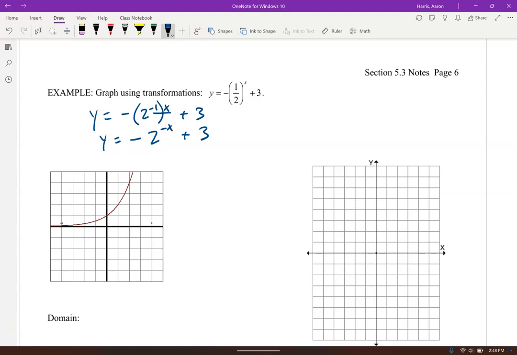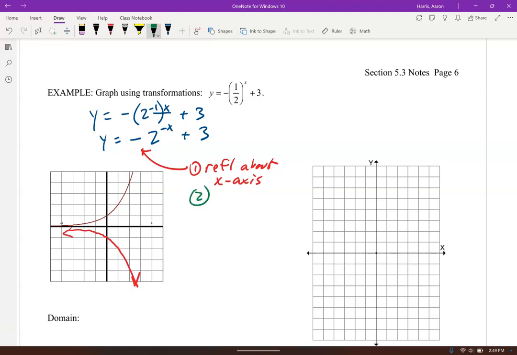Okay. So what this will do is we'll go ahead and flip it over, reflect it about the x-axis. Okay, so now it's like that.